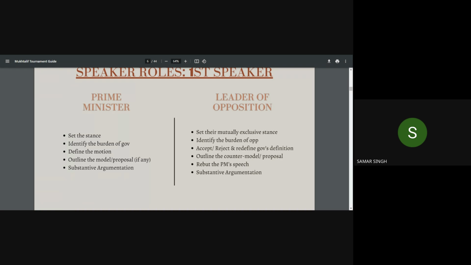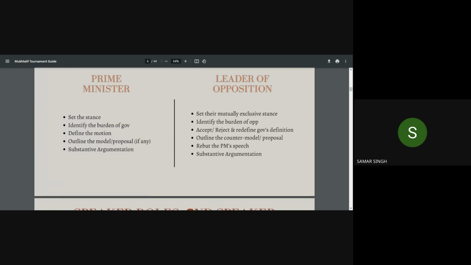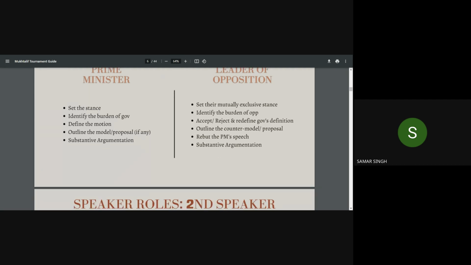They must have given a burden of proof, burden on the government, burden on the opposition. They must have mentioned it in some manner. Now, when the prime minister did it, the leader of opposition must have said that no, this is not the burden of the government. The government needs to prove something else. The government has some other kind of burden.